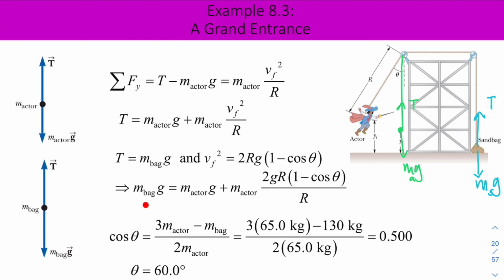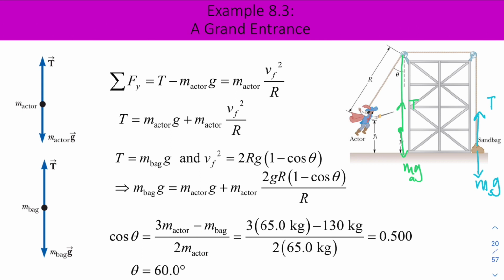Then we may substitute the weight of the sandbag as equivalent to T, and the rest remains here, right? And this is from the previous v final equation.